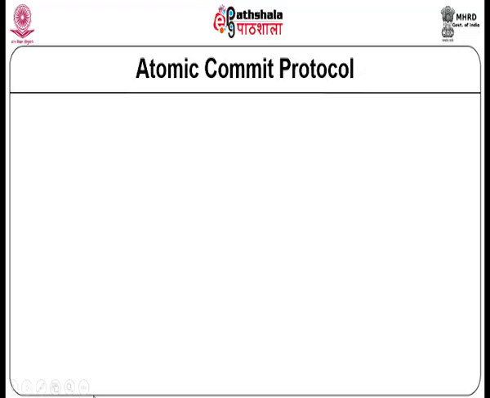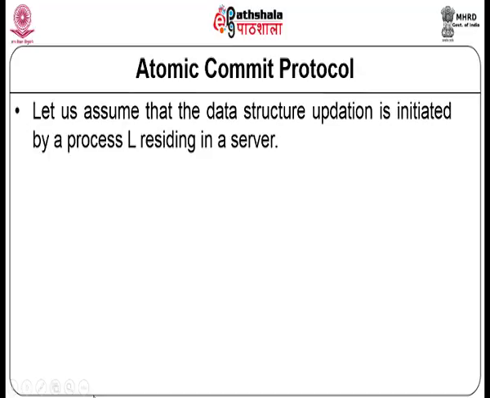So, what do we have in an atomic commit protocol? Let us assume that the data structure which requires updating is being updated by some specific process. It could be a client residing on one of the machines, or it could be initiated by another server.